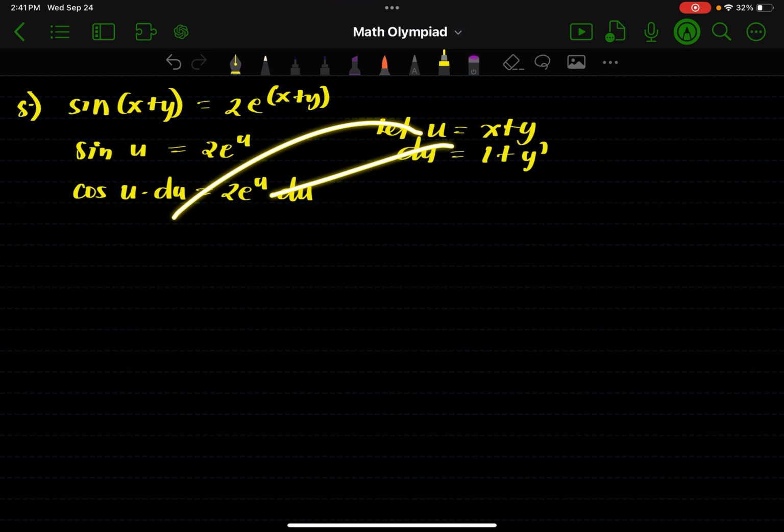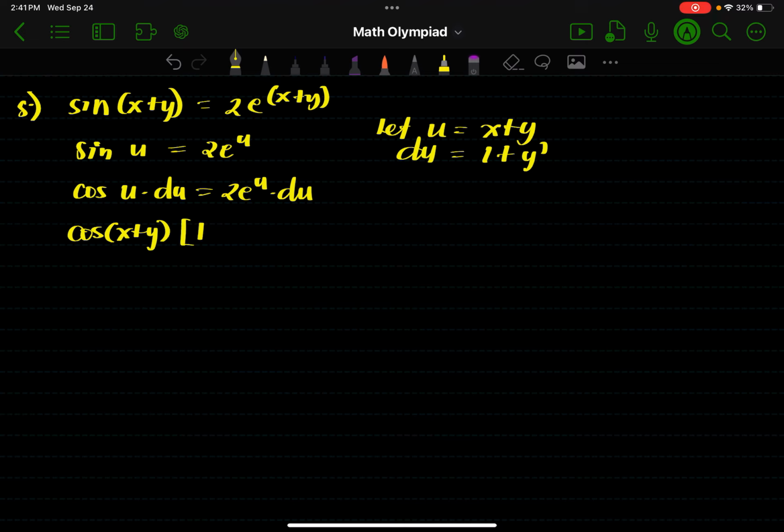And then let's substitute. u is x plus y, times the derivative of u, which is 1 plus y prime, equals 2e raised to x plus y times the derivative of u, 1 plus y prime.